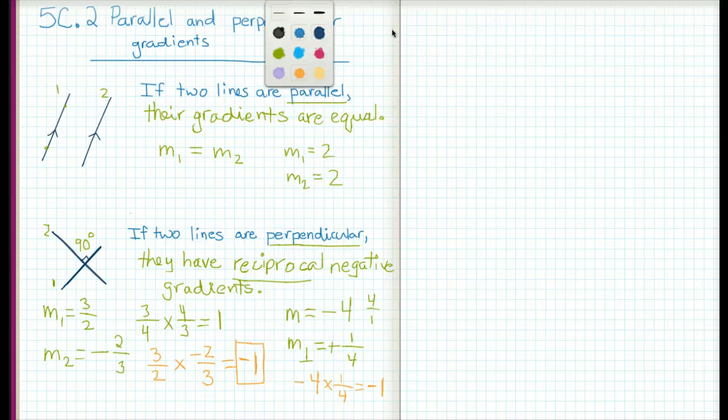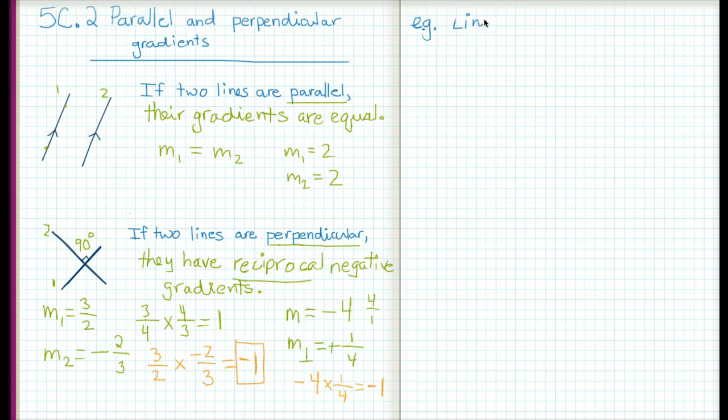Okay, let's try a sample problem, the kind of things that you might be asked to work with. For example, let's take a line and join 2 points on this line together.